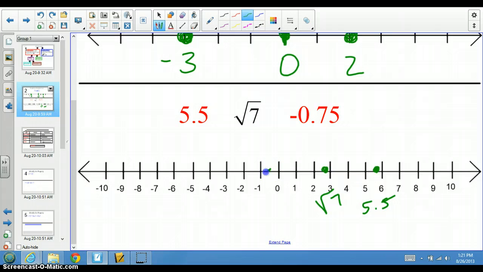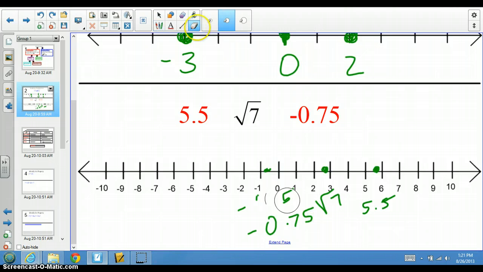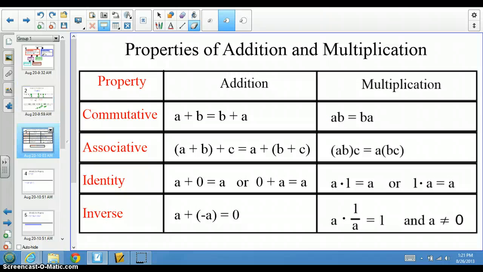So somewhere right around there. Okay. So just basic plotting points on a basic number line.